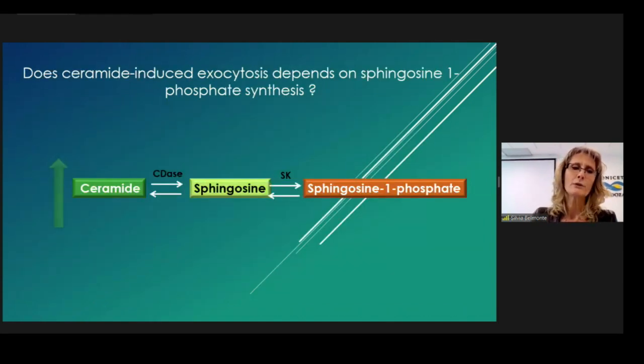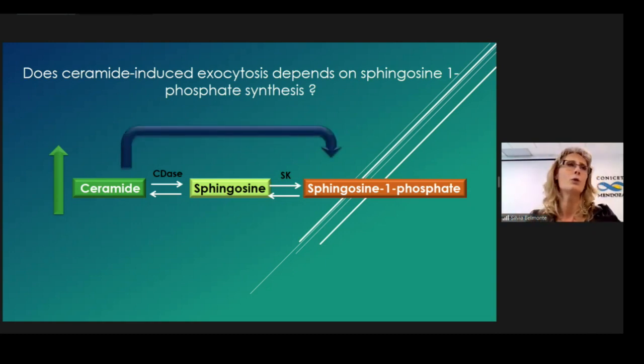Ahora bien, en este momento tuvimos un pensamiento muy minimalista. Dijimos: si aumentamos la ceramida en este pathway metabólico, seguramente el equilibrio se va a desplazar hacia esfingosina 1-fosfato y vamos a ver el mismo efecto que encontramos con esfingosina 1-fosfato. O sea, nos imaginamos que la ceramida era capaz de inducir la exocitosis vía esfingosina 1-fosfato.